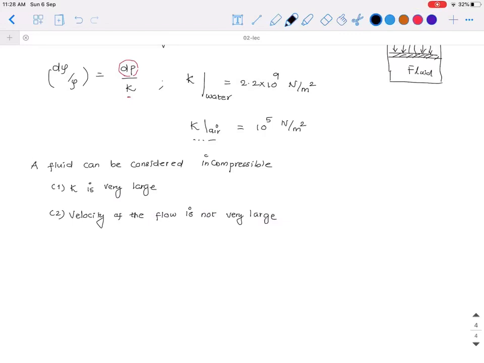When the fluid flow happens at a not very large velocity, the pressure difference produced is not significant. So even in that case, we can consider the flow of a particular fluid to be incompressible. So air, although it has a much smaller bulk modulus, at small velocities can be considered incompressible.